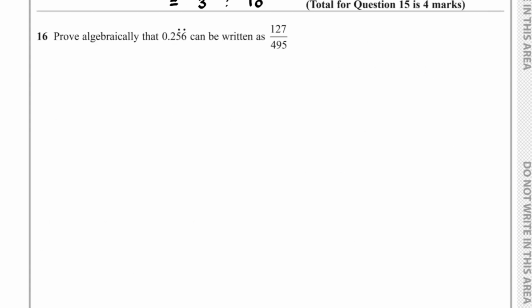Question number 16. We have to prove algebraically that 0.256 recurring can be written as 127 over 495.